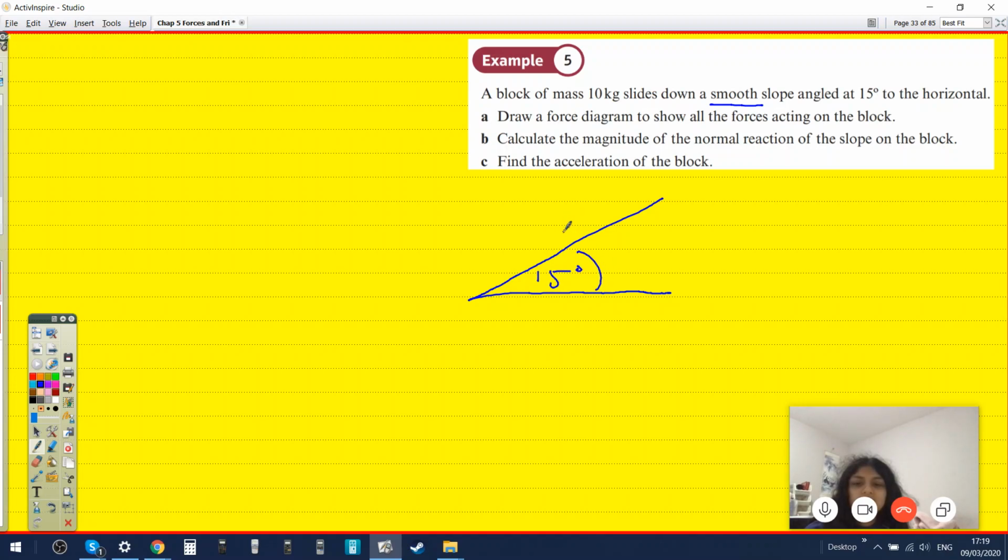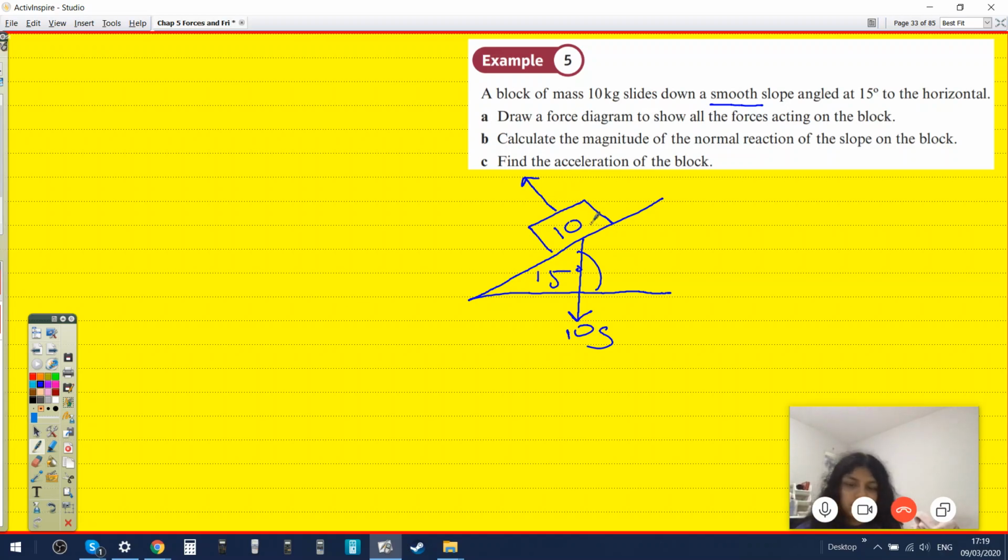That's 15 degrees. We've got a block 10. So you said 10G going straight down? Yeah. So that's 10G. Okay, and R. That's it, yeah. Okay, question B.